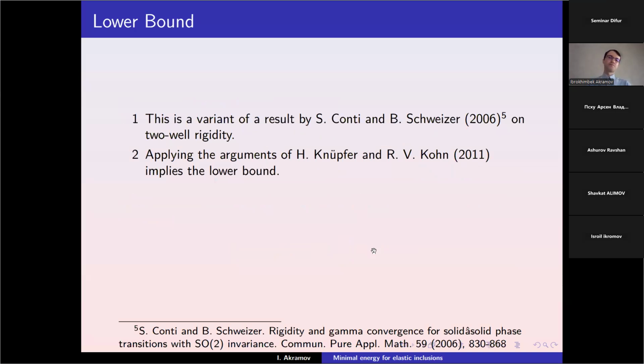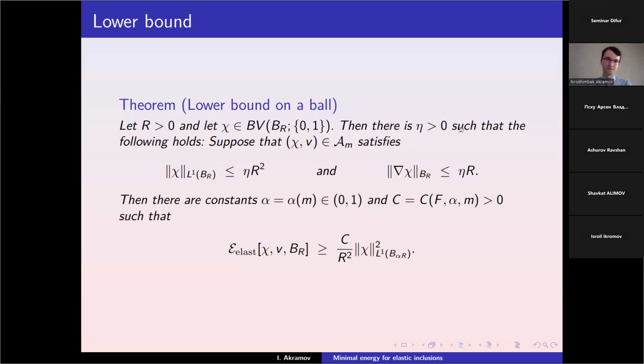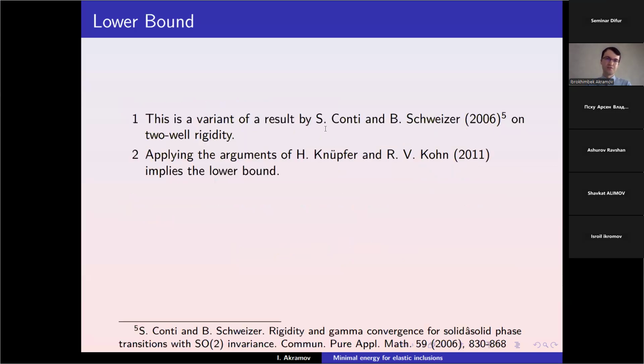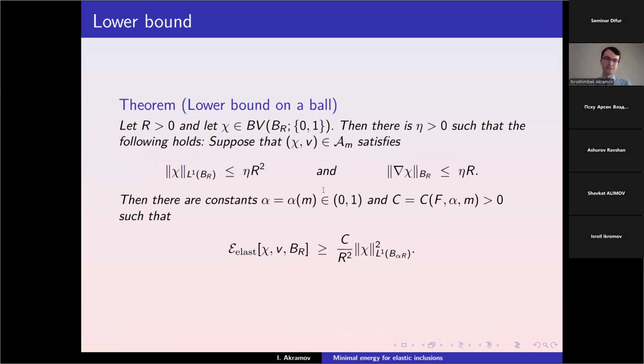Then, let's give a strategy for proving the lower bound. This theorem is a variant of the result by Conti and Schweizer 2006 on two-well rigidity. They stated a similar result, but here we just adjusted the result to our situation.